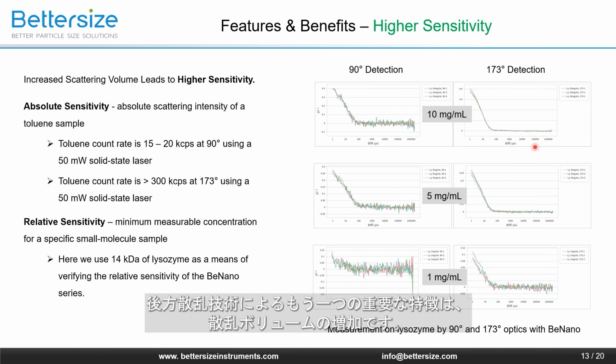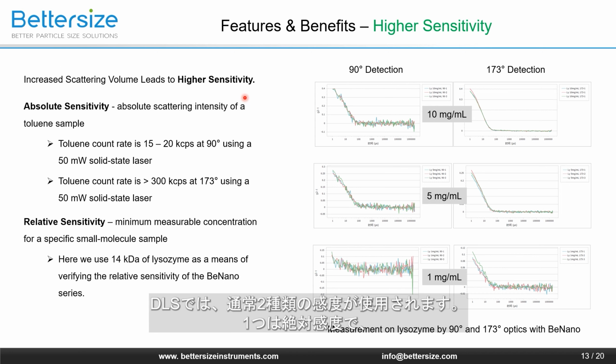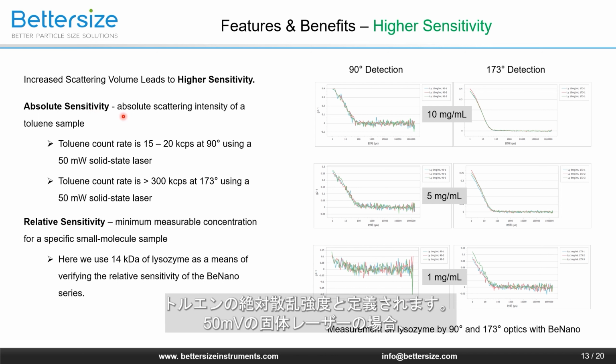Another important feature due to the backscattering technology is the increased scattering volume. An increased scattering volume leads to higher sensitivity. For DLS analyzers, two types of sensitivities are usually used. One is absolute sensitivity, which is defined as the absolute scattering intensity of a toluene sample.